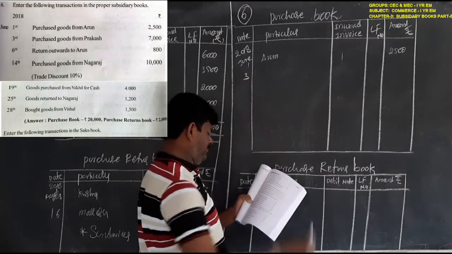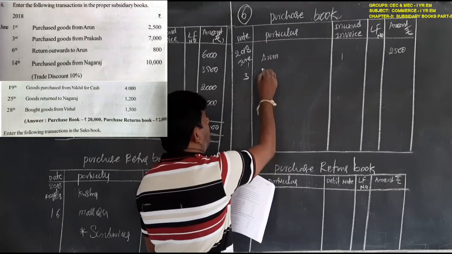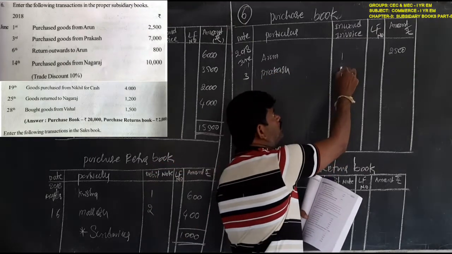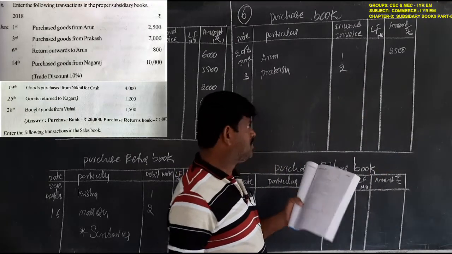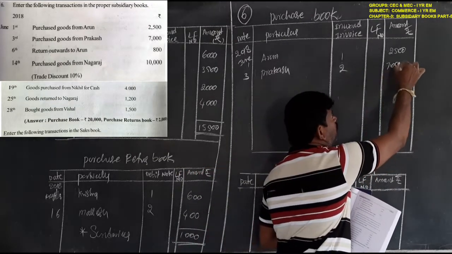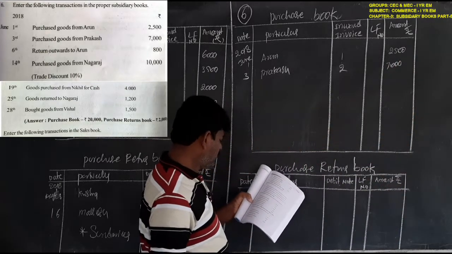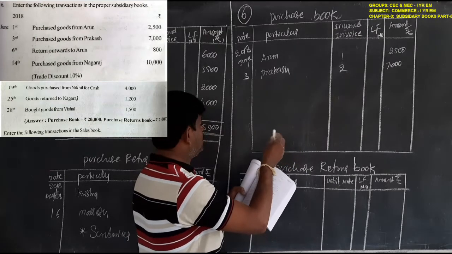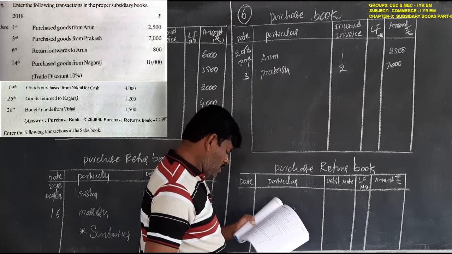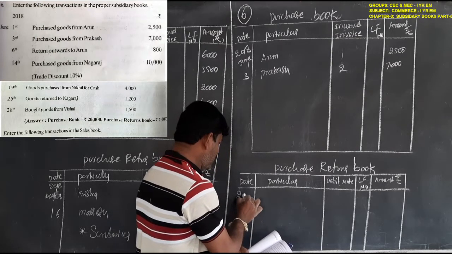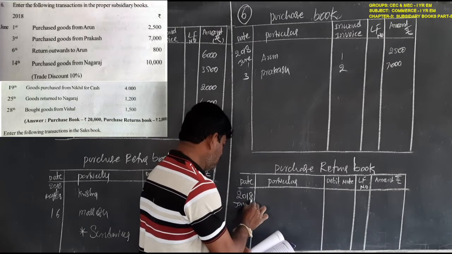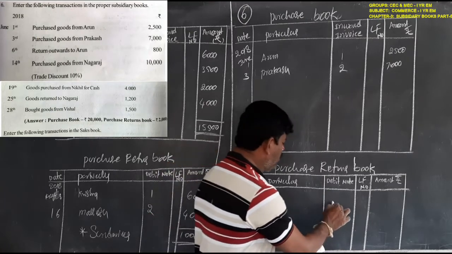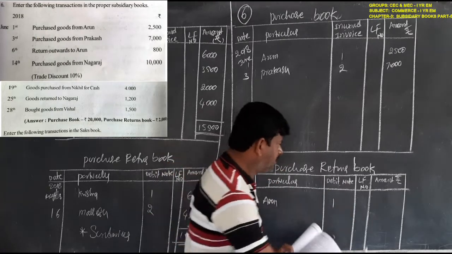Third, date 3rd, Prakash, invoice number 2, amount is 7000. Next, sixth date, return outward to Arun, 2018 June 6, Arun, debit note 1, amount is 800 rupees.